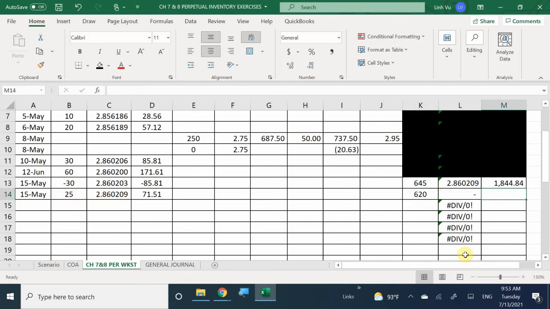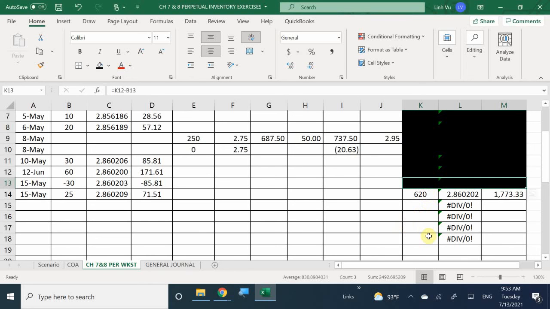Subtract the 71.51, and I got 1773.33. That's correct. Okay. We also updated my inventory, right?